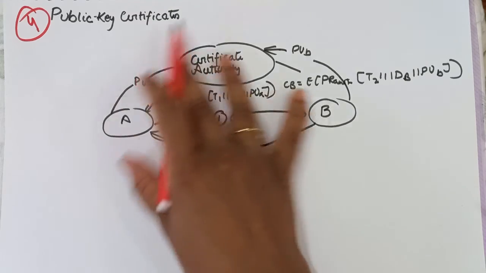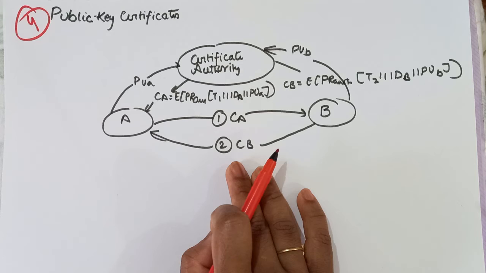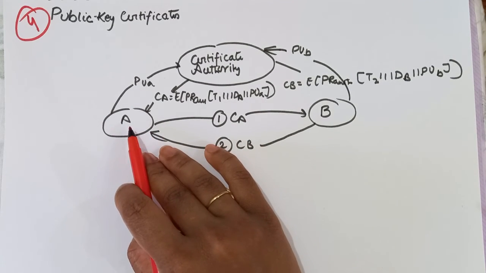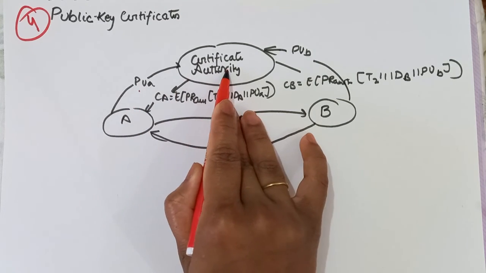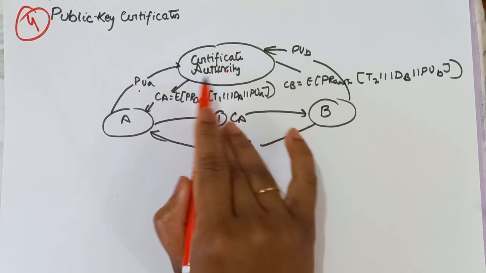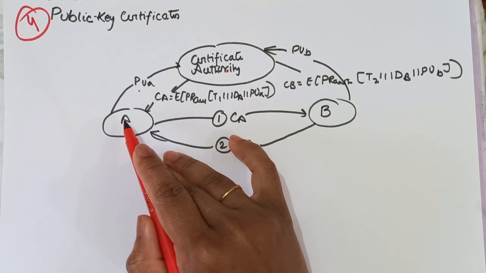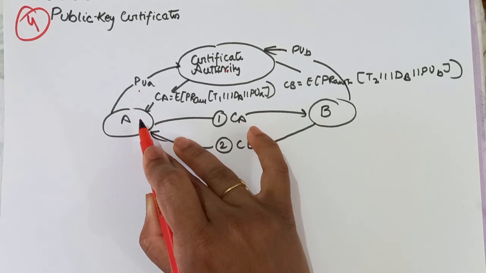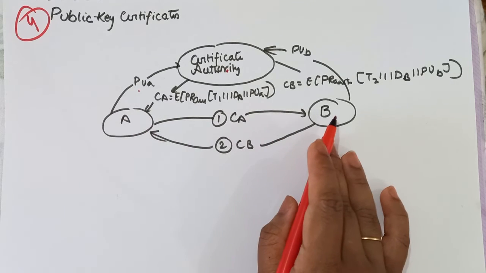Now let me show you a picture of how the certificates are created and how they are then used for communication. If A wants a certificate, A would first communicate its own public key to the certificate authority, and then the certificate authority would send a certificate to A. This certificate will contain the public key of A. After A has got its certificate, B can also do the same.